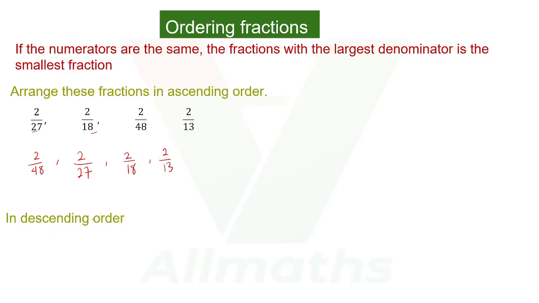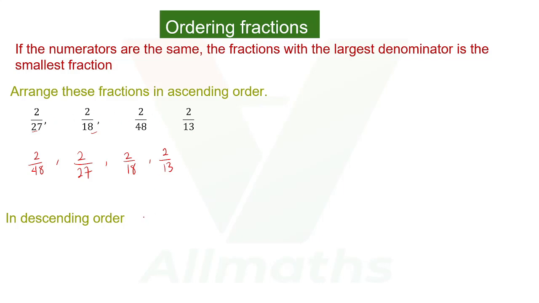In descending order, we are starting from the highest fraction, and the highest fraction is actually 2/13. It's just a reversal of what we have here, because the fraction with the lowest denominator happens to be the biggest fraction when all the numerators are the same.